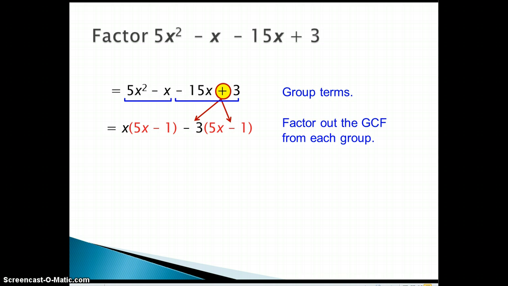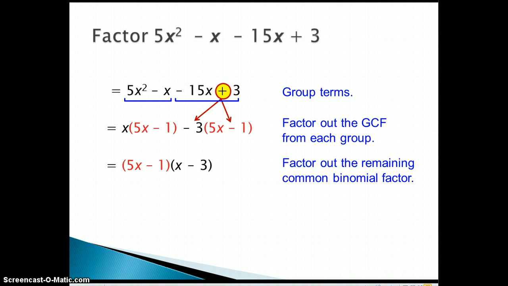So we're going to treat that now as a GCF of the whole thing and factor it out front. What goes inside the parentheses next to that is the x from the first group, which is the remaining factor, and the -3 from the second group. This polynomial is now factored.